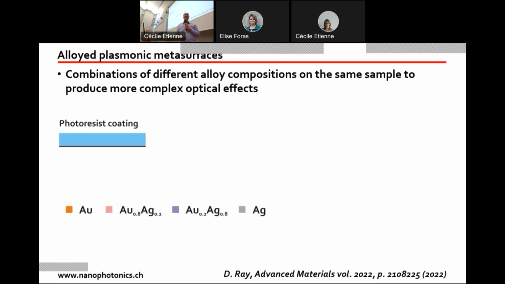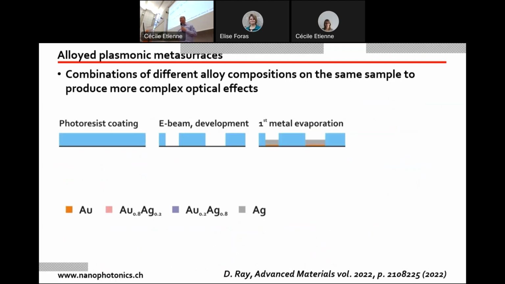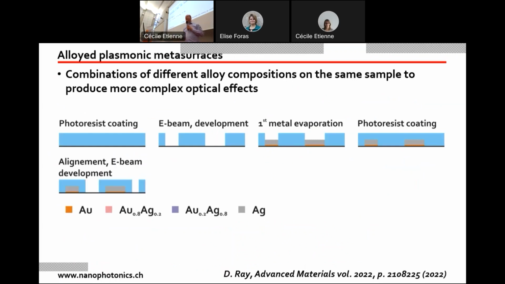So the idea, again, there is a bit of technology involved. You want to put different materials on the same substrate. So you start by putting, say, nanostructures which would be 20% gold, 80% silver. Then you remove your photoresist, you start all over again. And here comes the tricky bit because you need to align for the second E-beam.